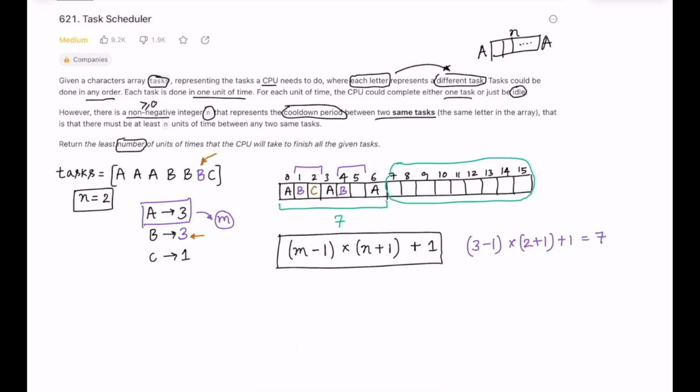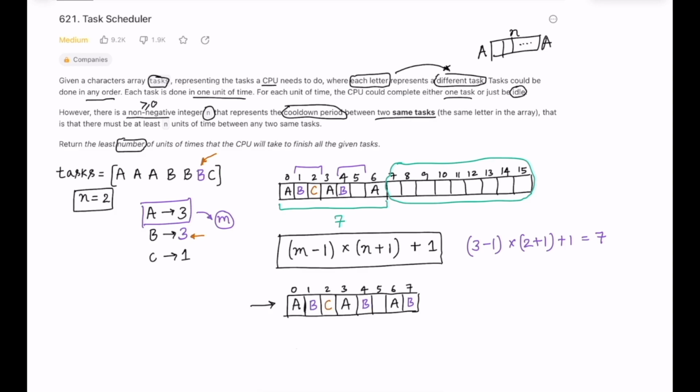Is there a way to execute all these 7 tasks in 7 units of time? Let's try to come up with the order ourselves by maintaining a cooldown period between those tasks. So the best order while maintaining the cooldown period and execute all these 7 tasks is this.